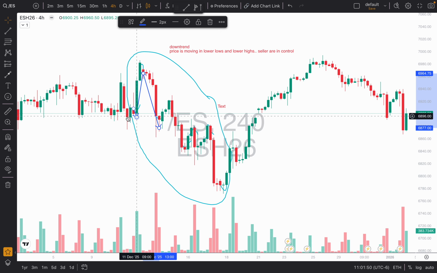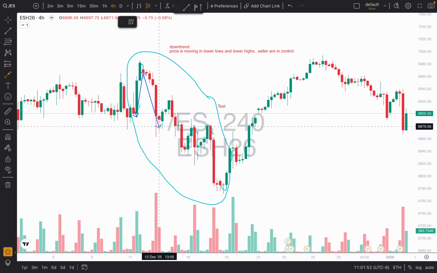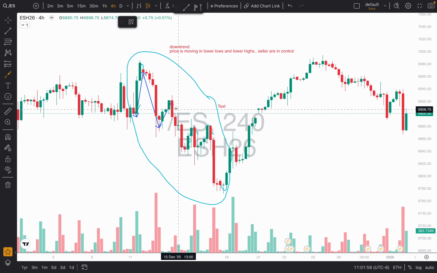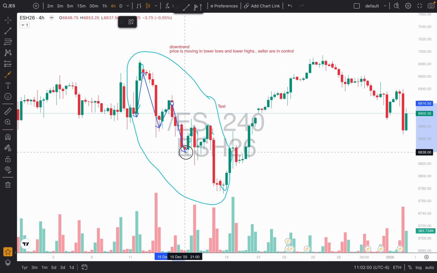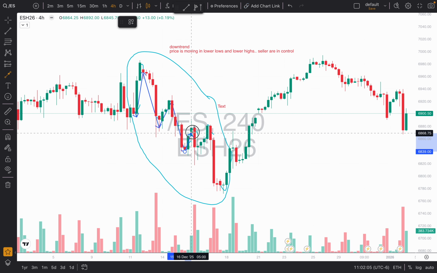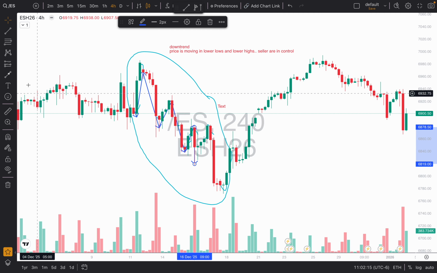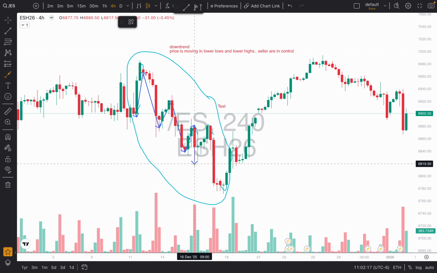It's lower than this low. And after that lower low, what do we get? A lower high. It's lower than this high. Then we get a lower low, then we get a lower high, and again, it just continues. This is what continuation looks like.